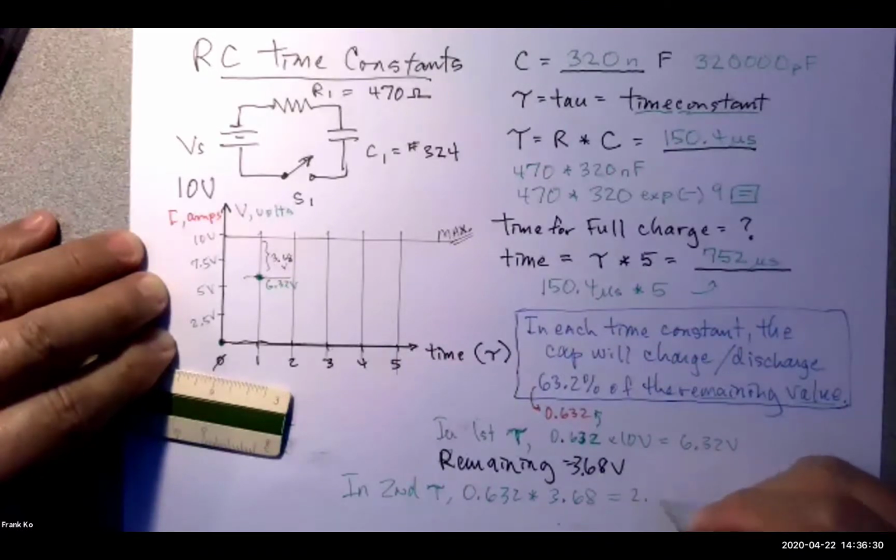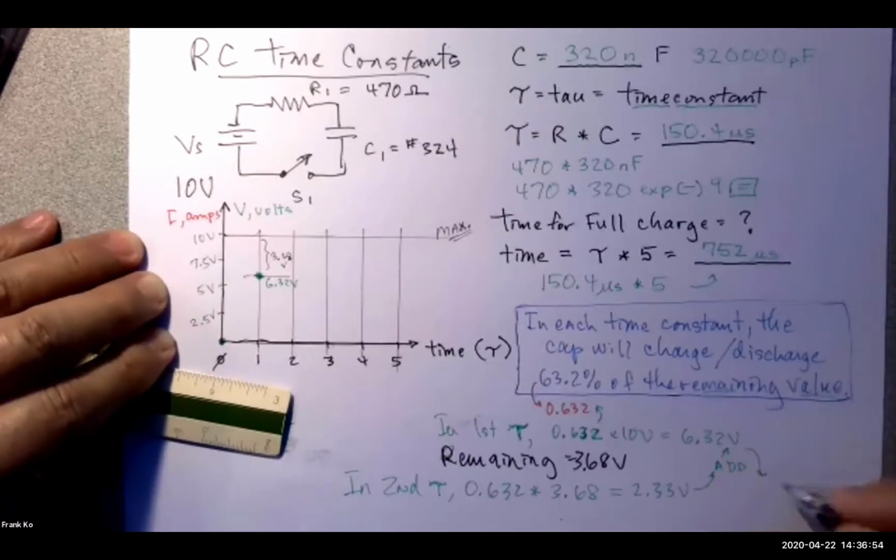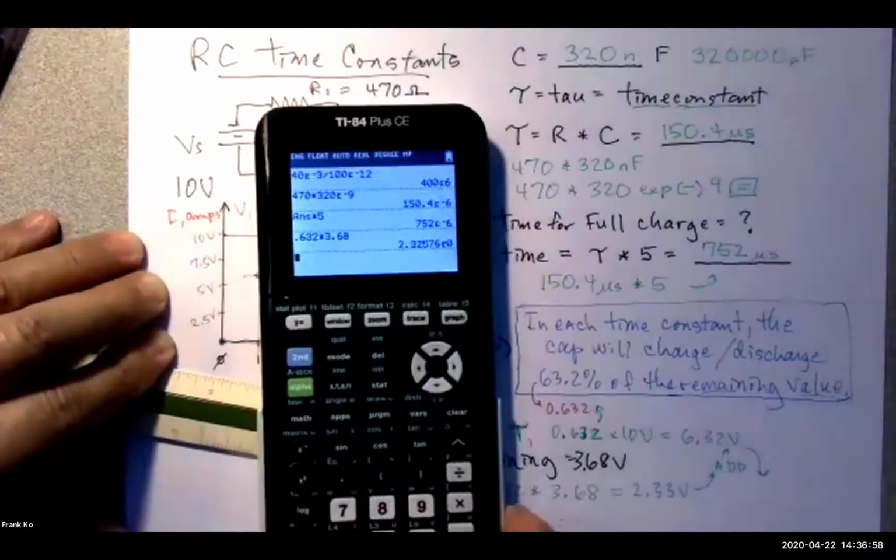So 2.33 volts. It has to be something less than 3.68. So the 63.2% of this is this. Now, this tells you how much more the capacitor charged. So what we're going to do is add this to the previous number, and we will get the new value of what the capacitor is now.